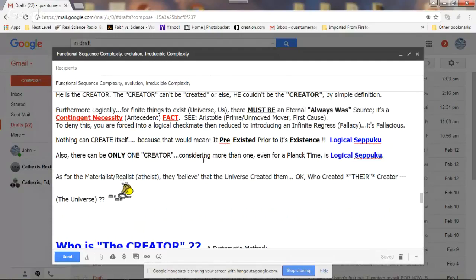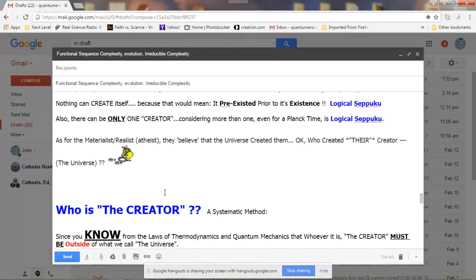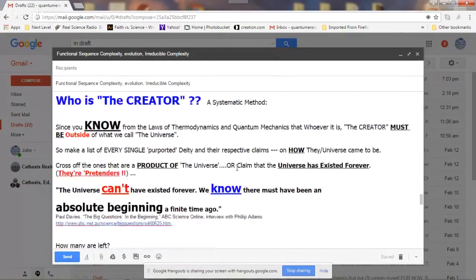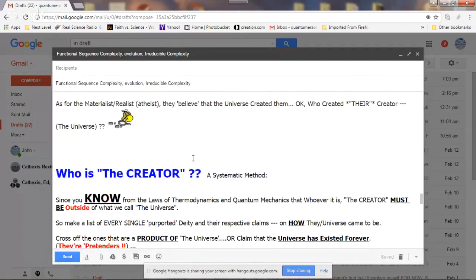And I like this one. As for the materialist or realist or atheist, they believe that the universe created them, right? Okay, no problem. Who created their creator? The universe. I like to turn it on them. That's a good question right there. With the whole Big Bang thing, Lawrence Krauss is on record saying, "Of course, matter can create itself.